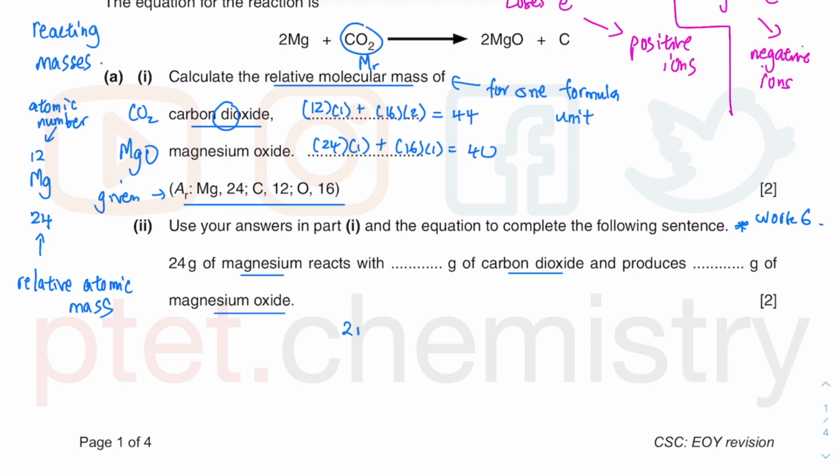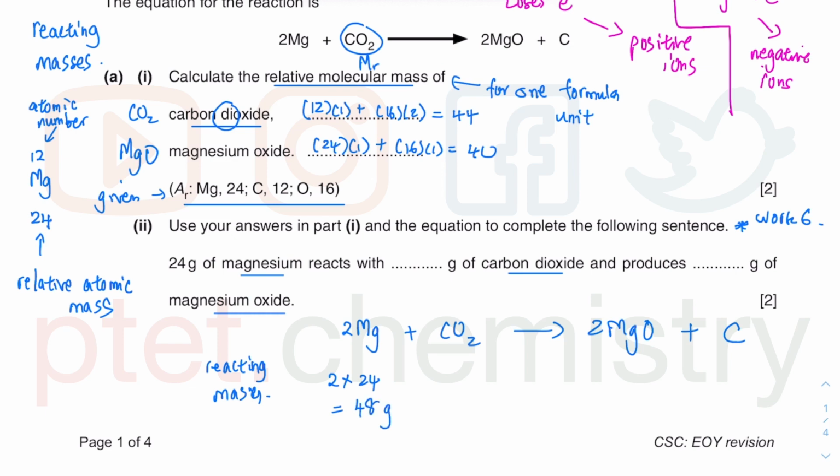So if I read, 2 magnesium plus CO2 gives me 2 MgO plus carbon. If I consider reacting masses, 1 mole of magnesium is 24, and you have 2 moles, so 2 times 24 because I need reacting masses. So that is 48 gram.